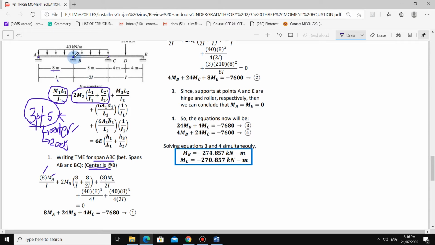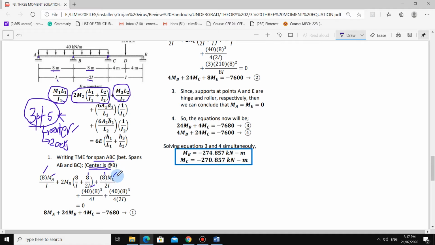L2 is the length of the right segment, which is 8. The inertia on the right side is 2I, so it should be 8 over 2I. Then for this term, M3 over L2 over I2. L3 is the right adjacent support, which is point C.